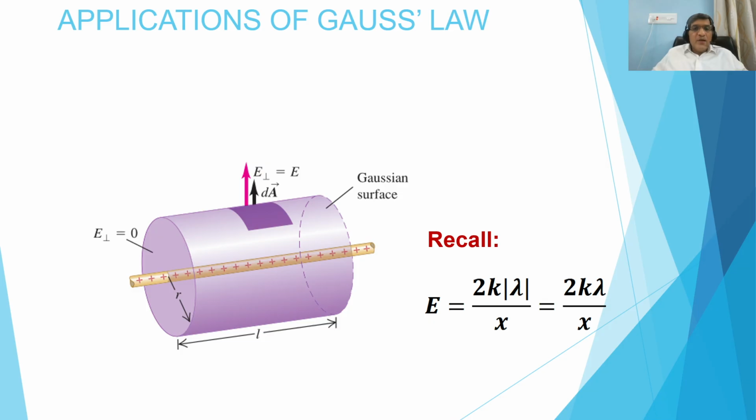Here is some more application. We have an imaginary cylindrical Gaussian surface, and as you see, we have to find the electric field for a continuous charge distribution by solving the integral of E dot dA. In the area element, we have the 2 pi r formula, which is the circumference of the cylinder, and by this we very simply calculate the electric field.